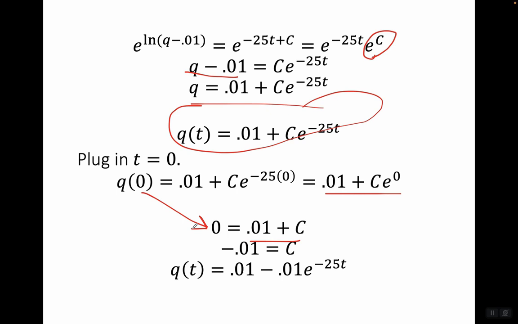We were told that. So we have 0 equals 0.01 plus C. That means when we move the 0.01 to the other side, negative 0.01 equals C. So here's our formula for Q of t, the charge at time t. It's 0.01 minus 0.01 e to the negative 25t, because C is negative 0.01.